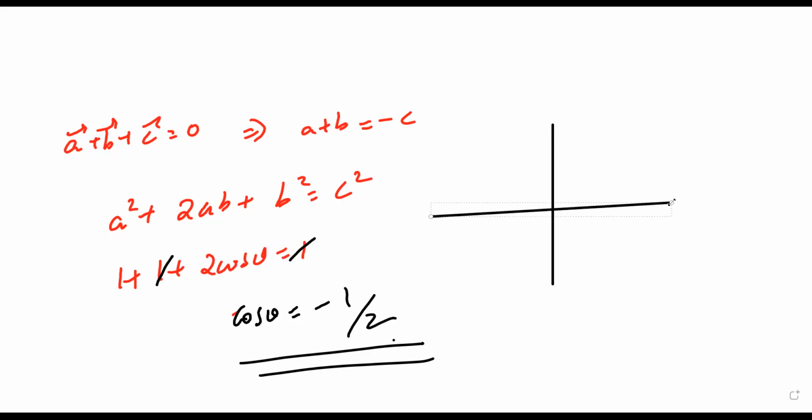Draw the quadrant. Cos theta can be what? Negative in which one? In second or fourth quadrant. Correct? And what is the range of cos theta? So I told you, a very important thing is to study the range.